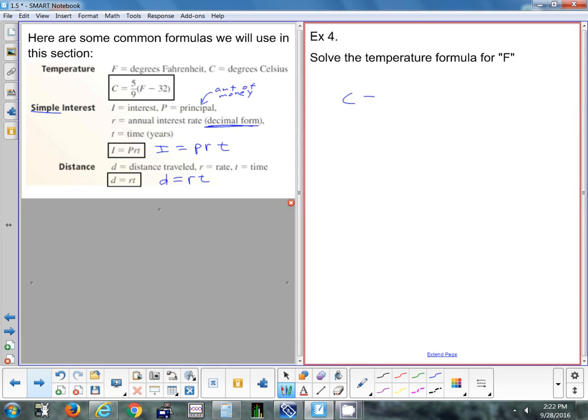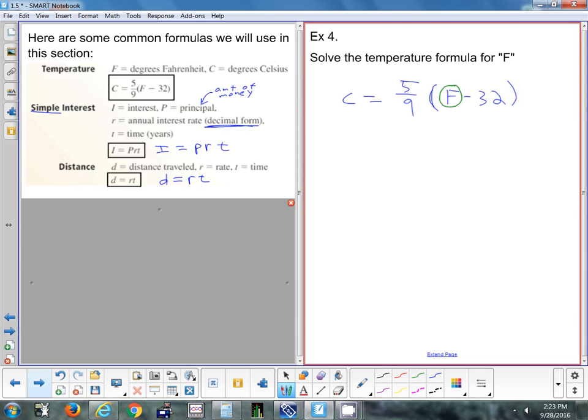All right, so let's just write down our formula. And my goal is to get this by itself. Now there's a couple different ways you can do this.